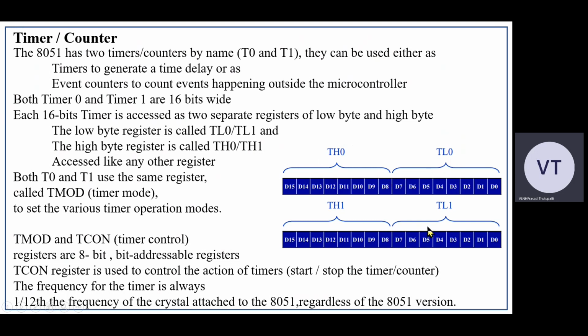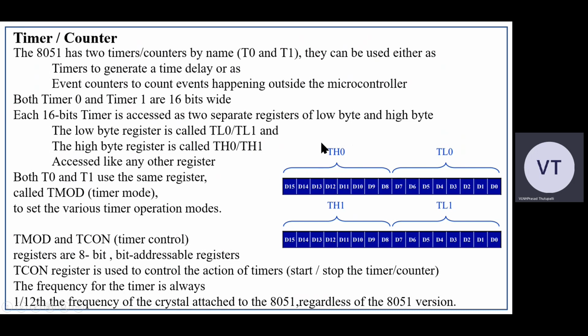The lower order 8 bits of T1 are called TL1, and the higher order 8 bits of T1 are called TH1. The low byte registers are called TL0 and TL1, the high byte registers are called TH0 and TH1. They are not bit addressable. Access them like any other register.